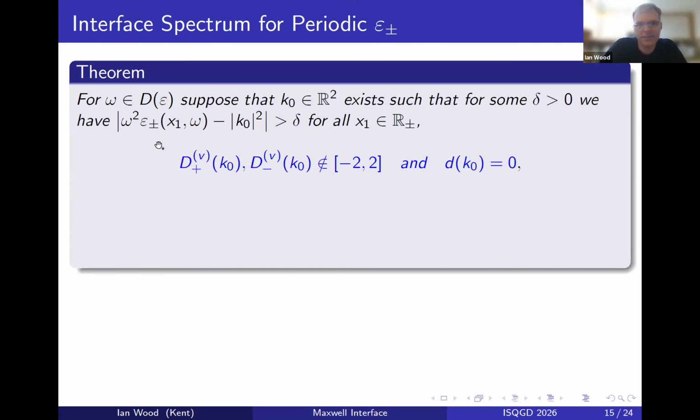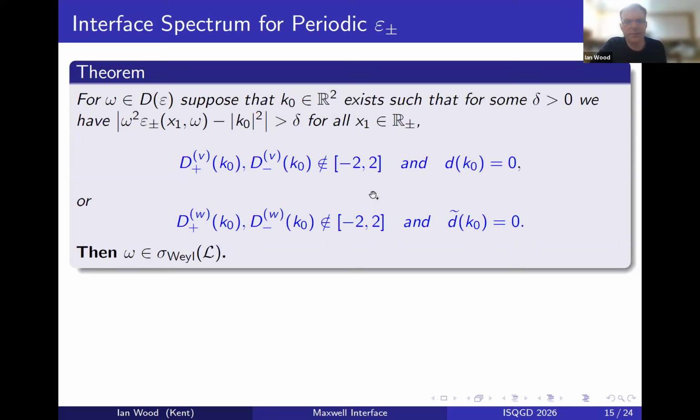We also have the assumption that omega squared epsilon plus or minus doesn't get close to K0 squared, essentially. If we have that, or the corresponding conditions for the problem for W, then we are in the Weyl spectrum of the pencil.